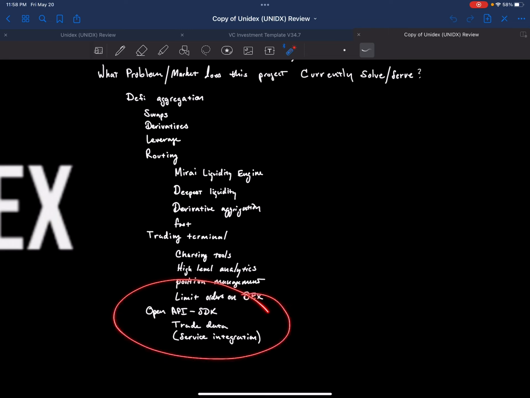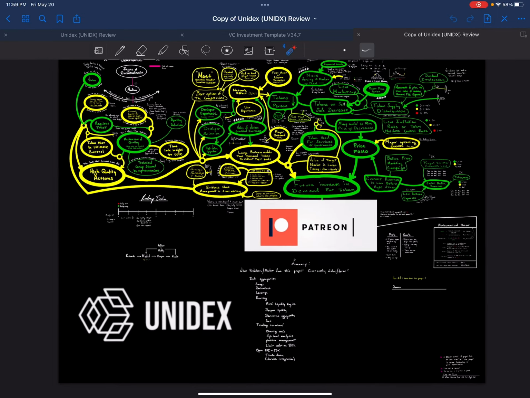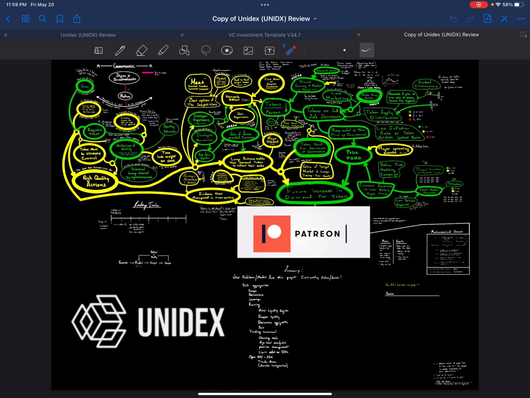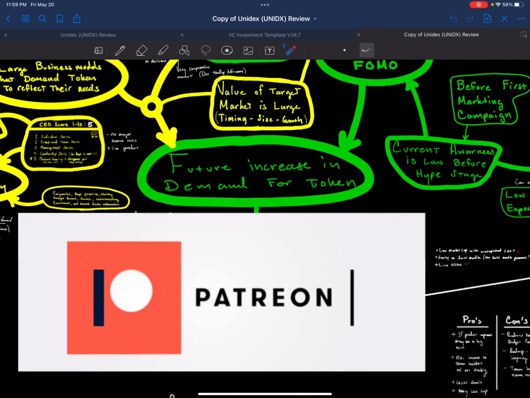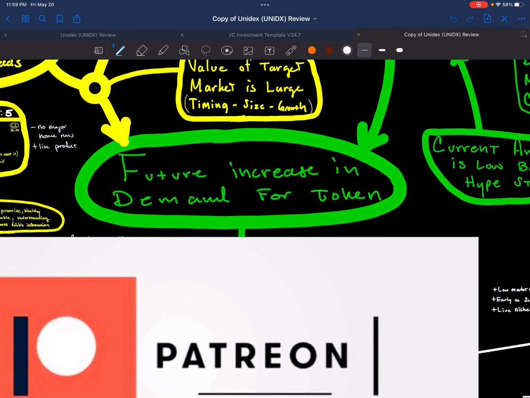And they are also working on open APIs so that you could plug your services into their application and access that liquidity. So that is a basic idea of what UNIDX is attempting to do, offering leverage services, trading services, etc. So it's a service provider. So let's run it through the model and see what I expect.